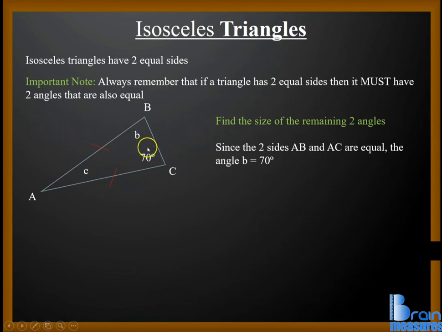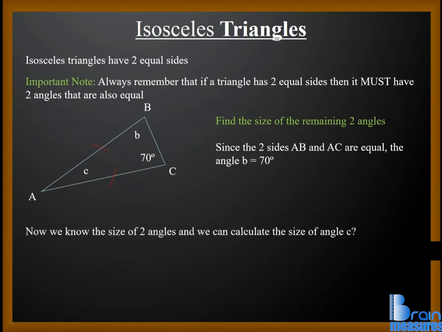So B equals 70 degrees. And when we know two of the angles, we can easily calculate the size of angle C. Angle C is 180 minus this 70 here and this 70 here, which is 140. So 180 minus 140 will give us 40 degrees.